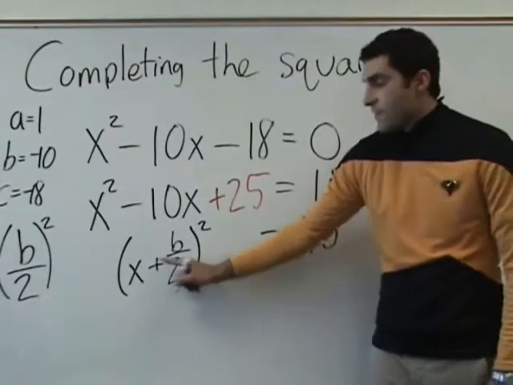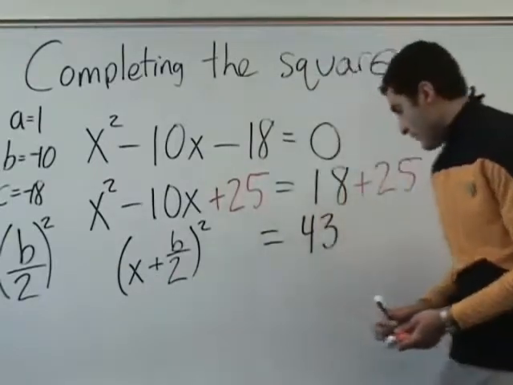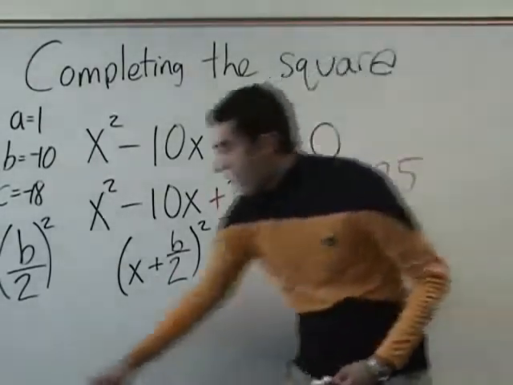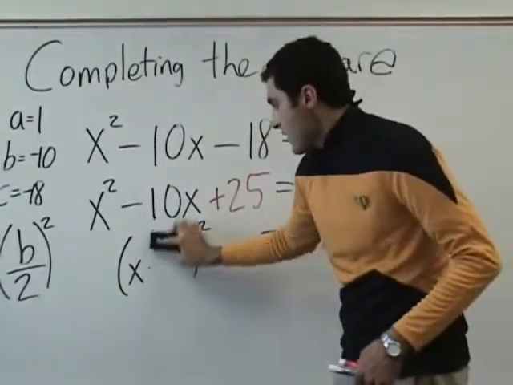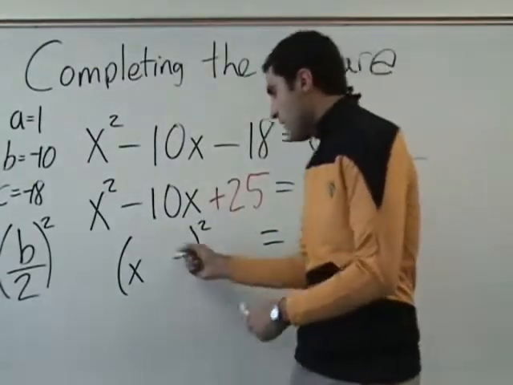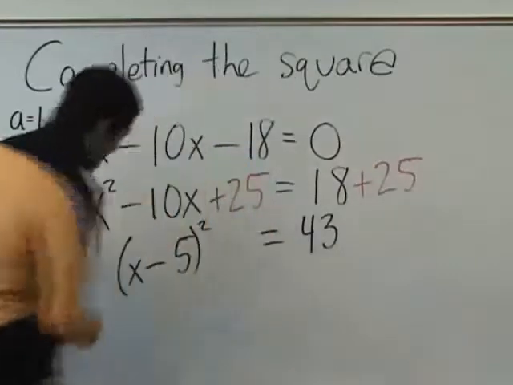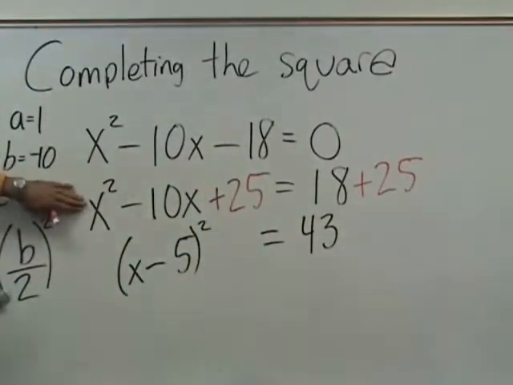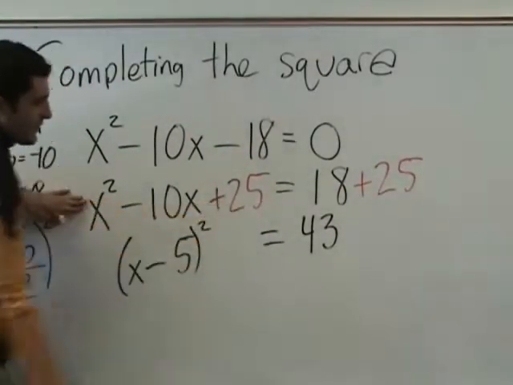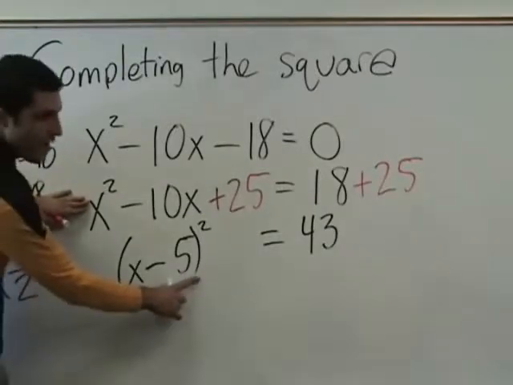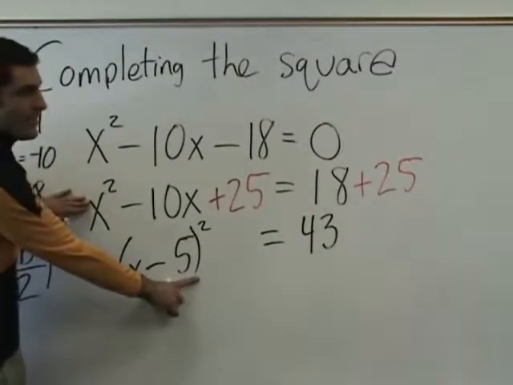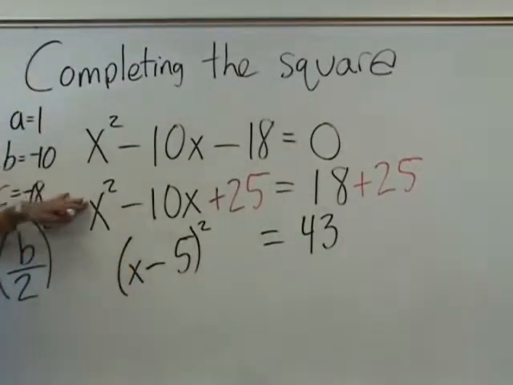So this becomes x minus 5. Here it comes. We're going to prove this now. Don't worry. In other words, this part here, x squared minus 10x plus 25, and this thing are exactly the same. Let's prove that.